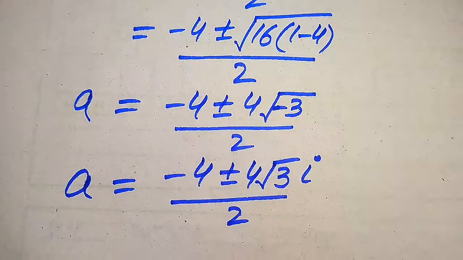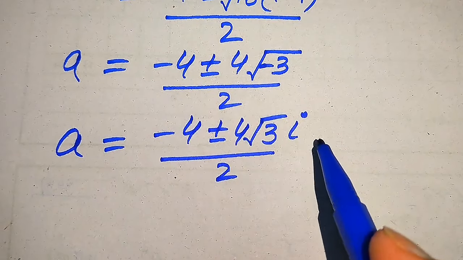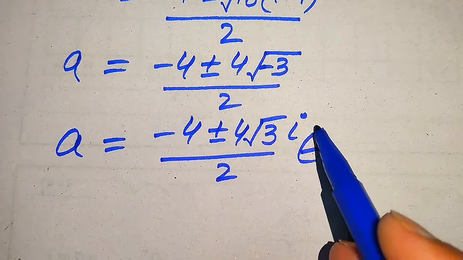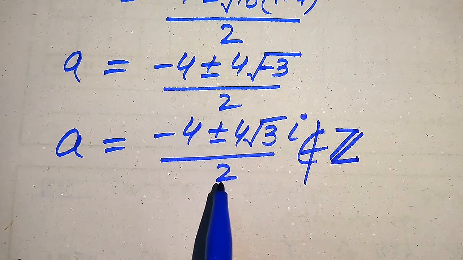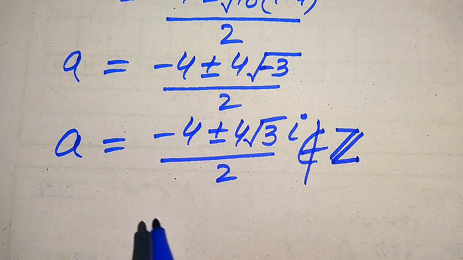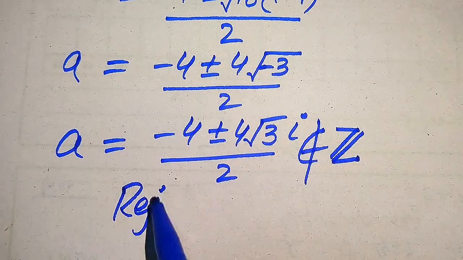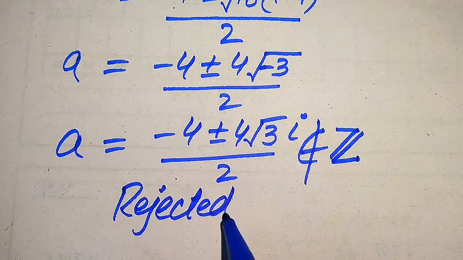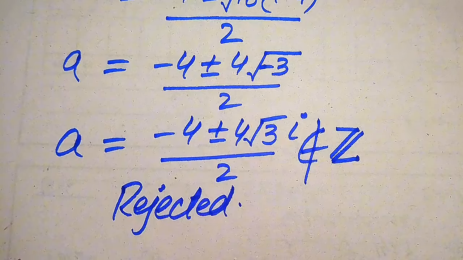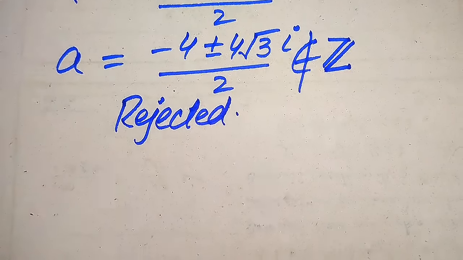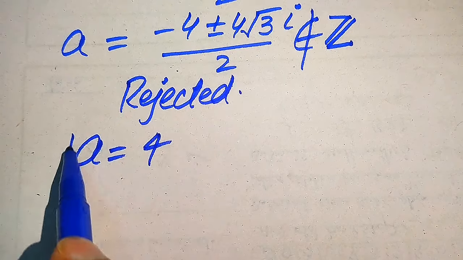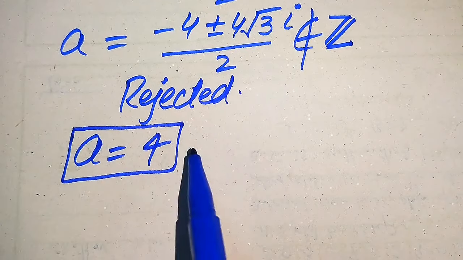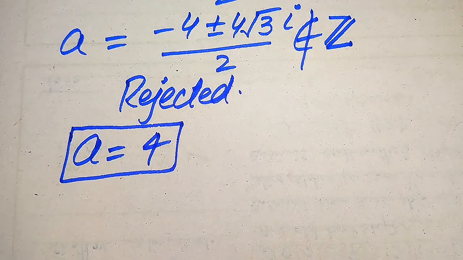So these are the other two values of a, but you see that these two values do not belong to integers, because these two are complex values, so we reject these values of a, because we solve this problem only for integer values of a, and we have only one integer value of a, and it is a is equal to 4. So this is the only solution of the given equation, and this is the final answer.